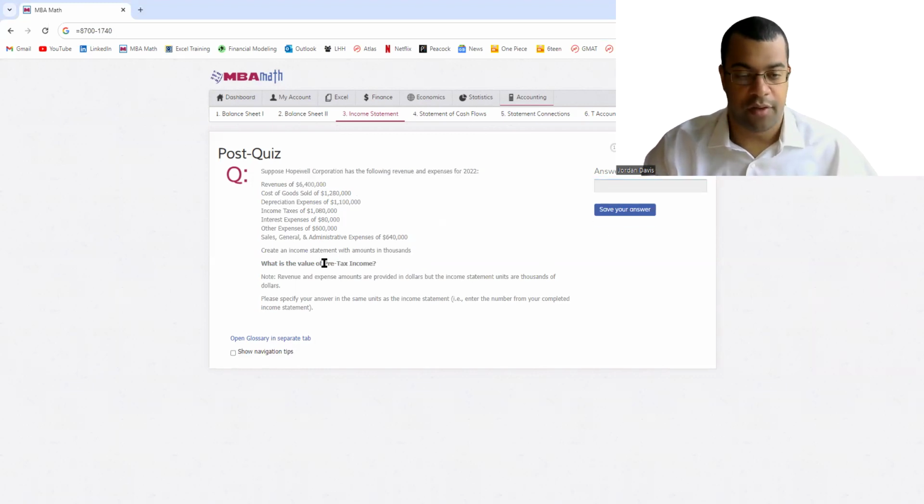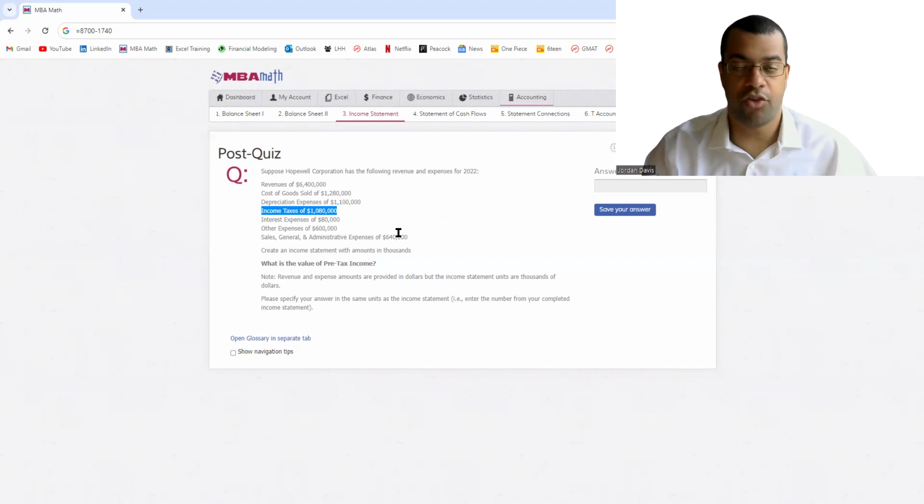Next one is pre-tax income. So with this, it's everything before taxes, so that's including interest expense. That's the only thing that's different from the last question, right? All we're doing is calculating everything except for taxes. So we're starting off with the revenue, then we have cost of goods sold, depreciation, interest expenses, other expenses, SG&A.